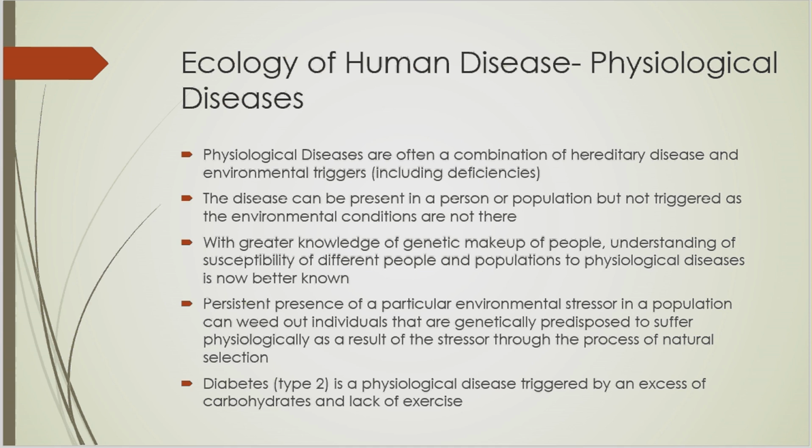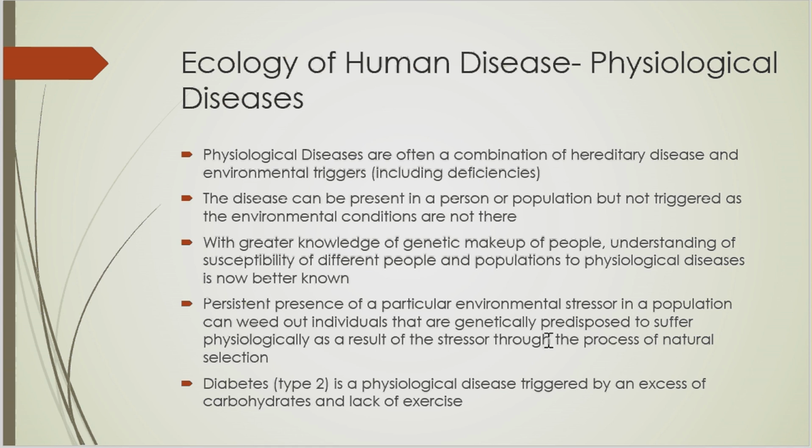If that environmental situation is persistent in the population's environment, pretty much all of the people who are affected by that environmental stressor will have these diseases, and so they would be less likely to be able to reproduce, and they will be gradually weeded out of the population, but only if the environmental stressor is persistent and stays in the population for a very long time.